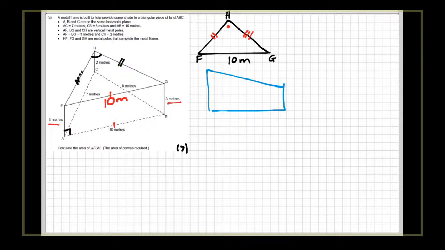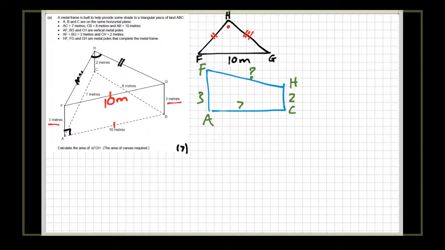So there is A, F, H. Just want to make sure that I've got it right. H and C. That is 2 meters. That is 7 meters. And that is 3 meters. So now the question is, I need the length of that specific side.